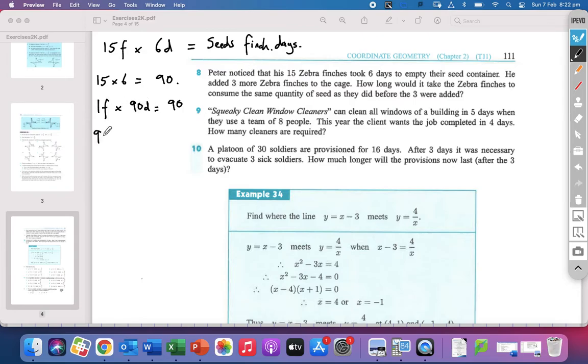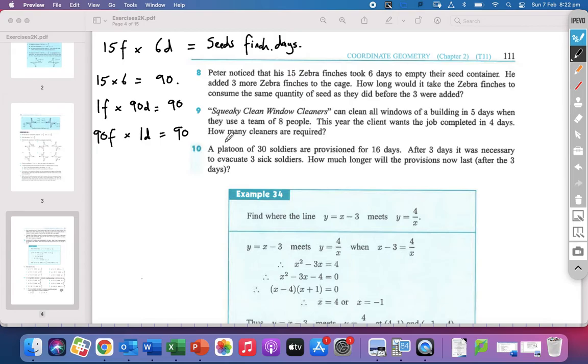I could feed 90 finches for 1 day. Right? So I've got enough seed in my container that could feed 90 finches in a day. Well, maybe that helps you think about the units because they're a bit odd. Not as easy to think about as a distance, which was just kilometres.